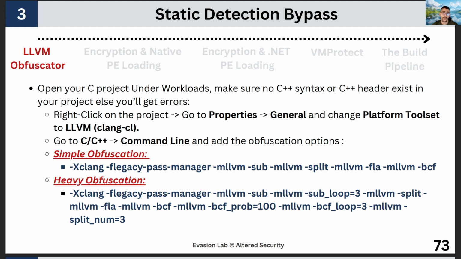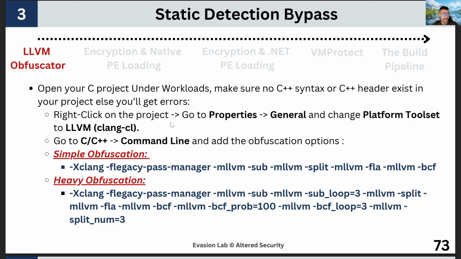Now, to configure Visual Studio to use OLLVM, open Visual Studio and load your project. Right click on the project, go to properties. From the Solution Explorer, go to properties and General, and change the platform toolset to LLVM Clang.